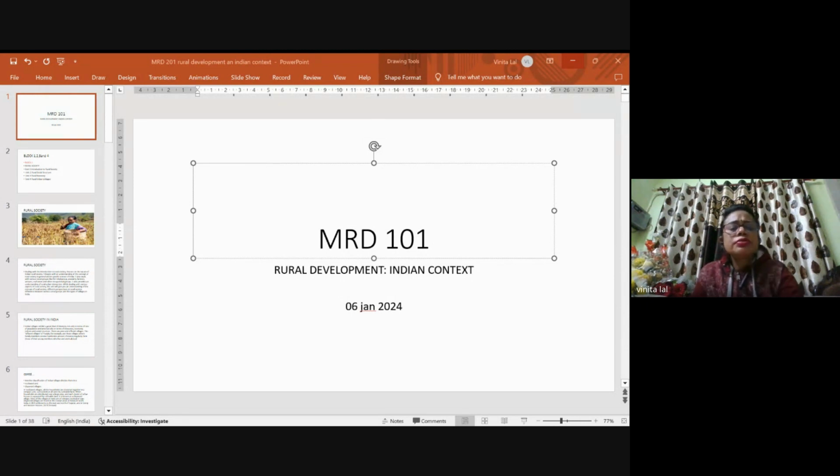So this is rural development in the Indian context. So in the Indian context, wait a minute.